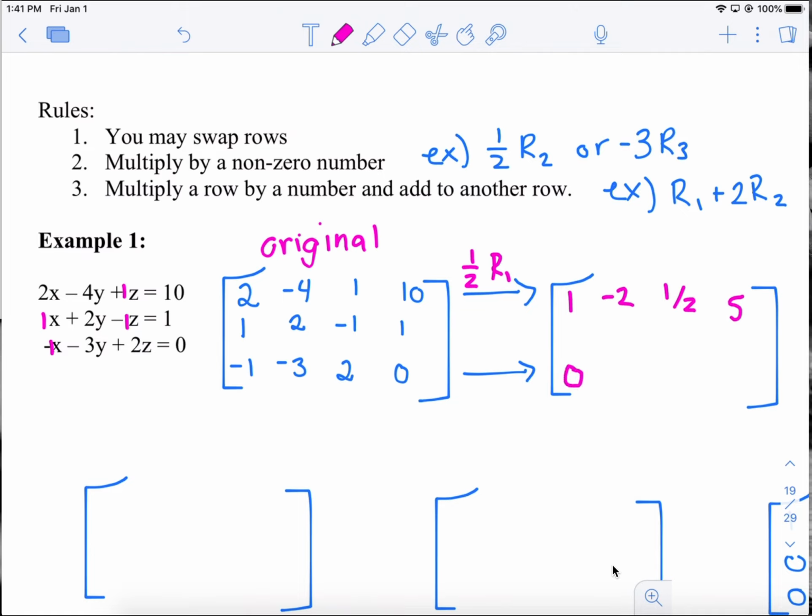Okay? I can do that by keeping the middle row the same, but I'm going to take my bottom row and add row 2 with row 3. So I'm going to add up each of these numbers, and whatever I get, I'm going to write them here. Okay? All right, so when I do that, I get 0, negative 1, 1, and 1.